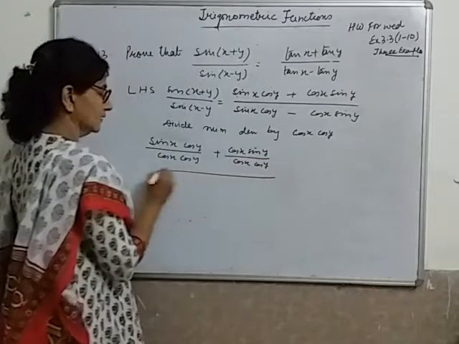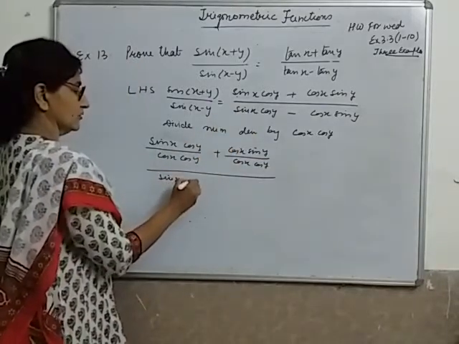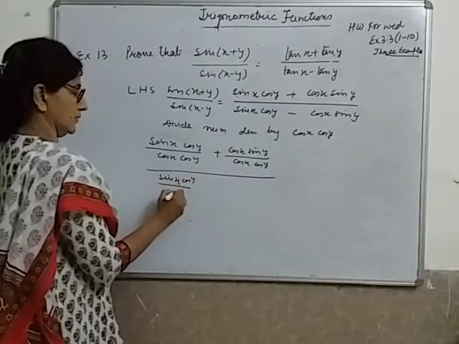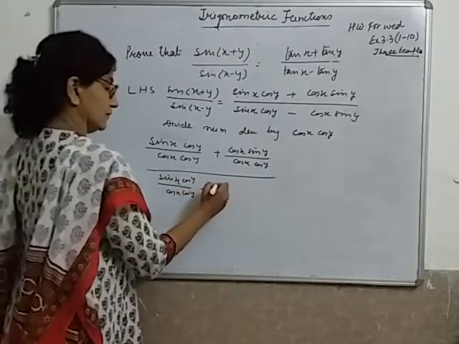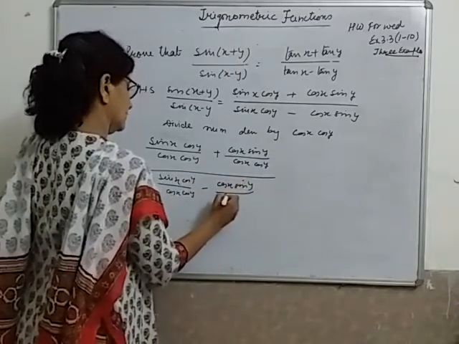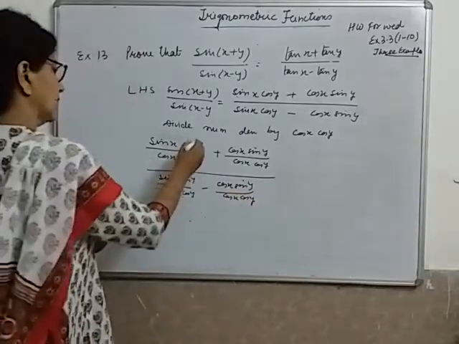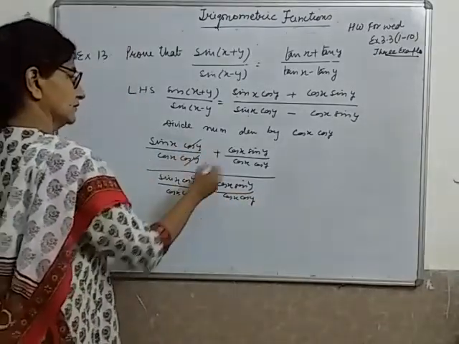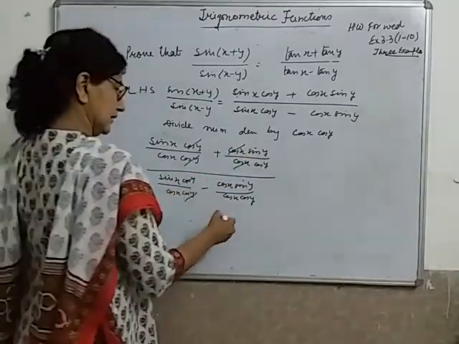Numerator is settled. Come to denominator. This one, sin x cos y upon cos x cos y minus cos x sin y upon cos x cos y. Okay. So this y and y go, cos x goes here, this goes and here this goes.